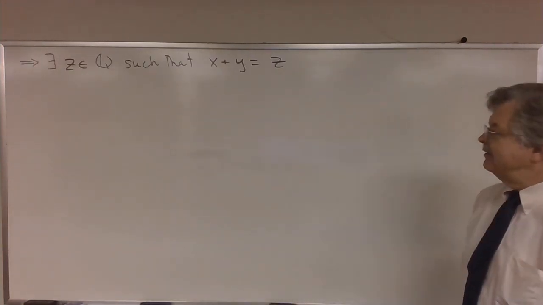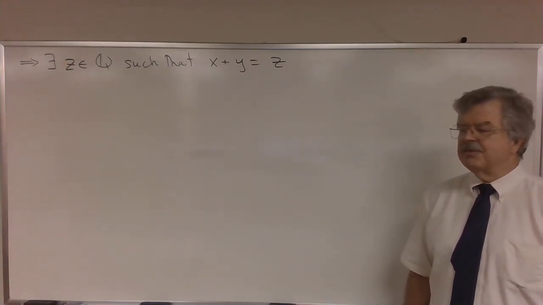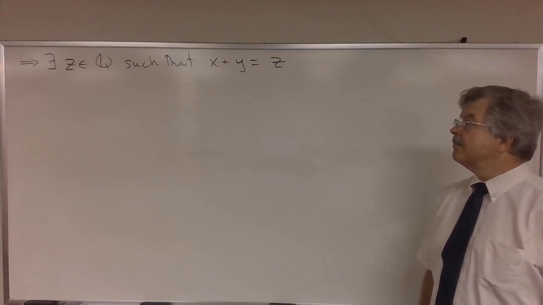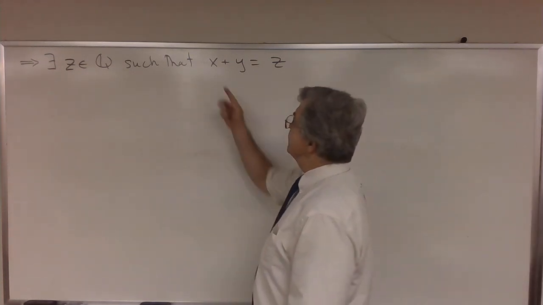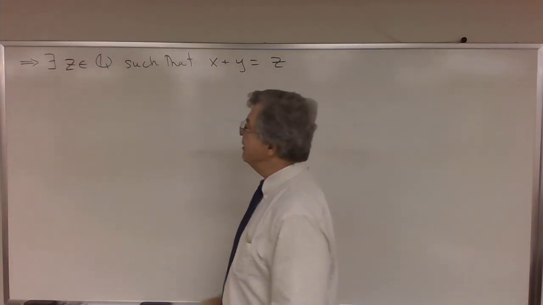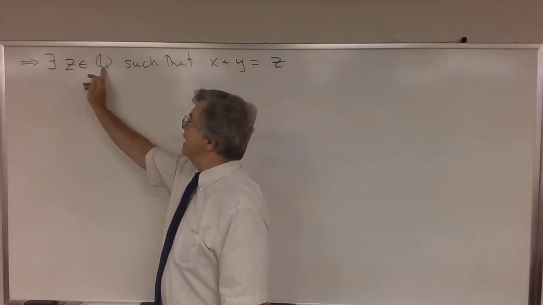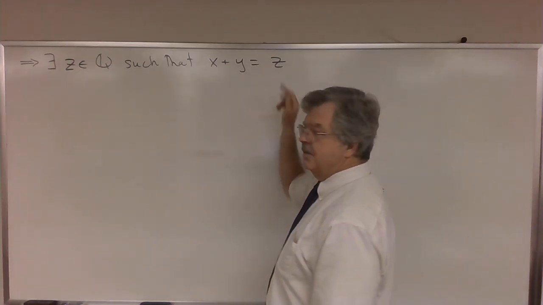Okay, I'm back. I just wanted to clear up the board and give us some more space to work with. But this is where we ended up. That we said that if the sum of x plus y is rational, then there has to be some rational number z such that x plus y equals z.